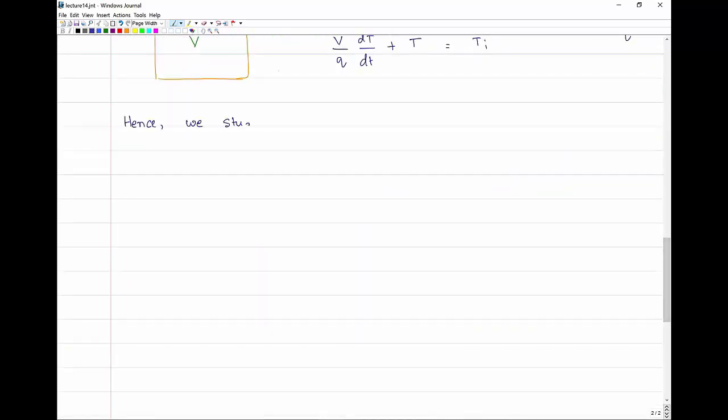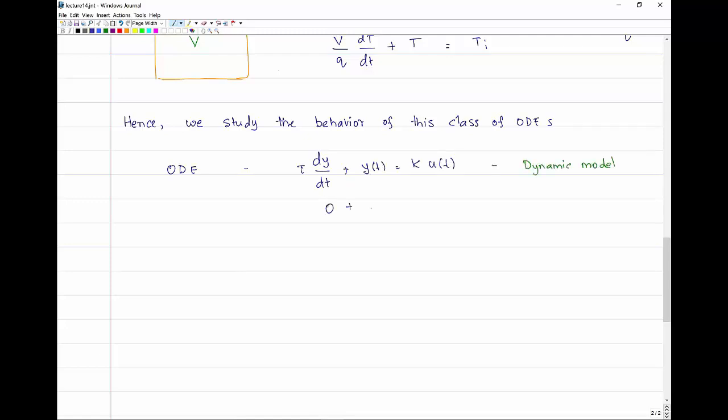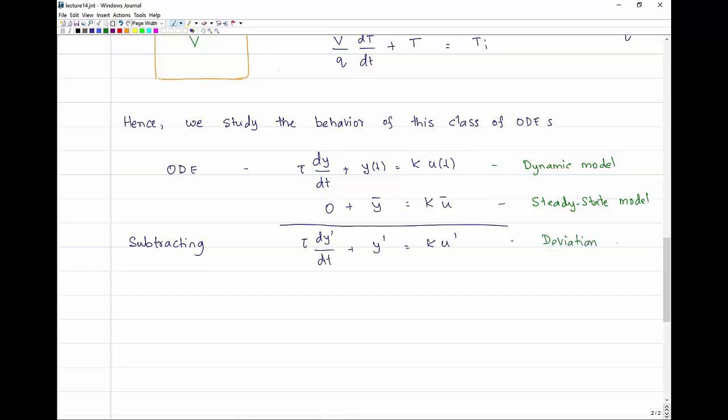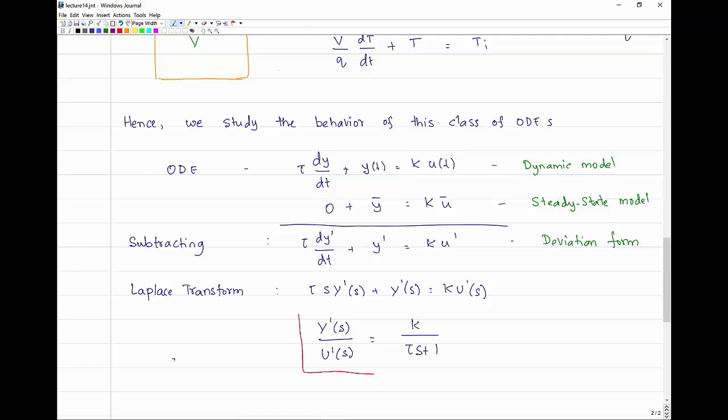Now, we can derive a generic transfer function for a first order process. We go through the standard steps. We write the dynamic model, write down an equation for the steady state model, subtract the steady state model from the dynamic model to express the differential equation in the deviation form, and then apply Laplace transforms to derive a transfer function between the output y and the input u.